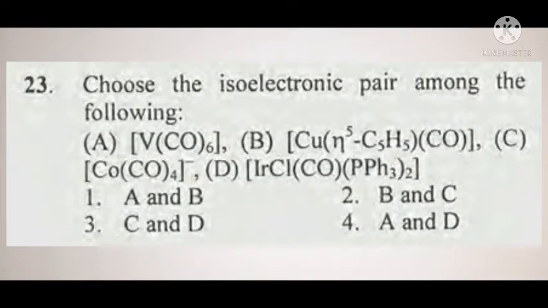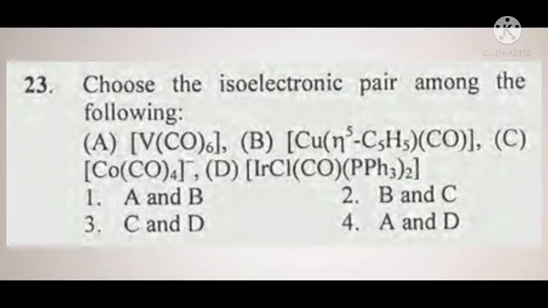So friends, in this video we are going to discuss previous year questions of coordination chemistry which were asked in the CSIR NET June 2017 exam. Okay, so let's start. See, this is your first question and it says choose the isoelectronic pair among the following, and we have four options A, B, C and D, or we have four complexes.